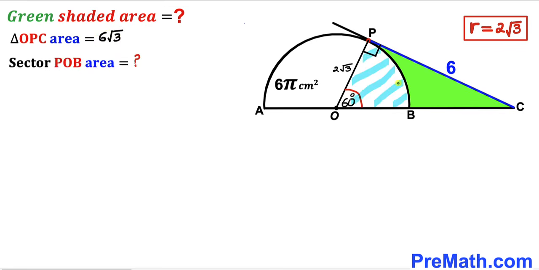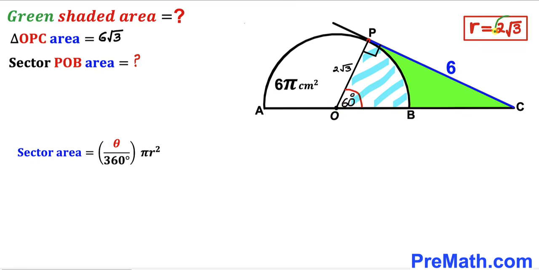And now in this next step, we are going to calculate the area of this sector POB. And now let's recall the sector area formula. Area is always equal to angle theta divided by 360 degrees times pi r square, where r is the radius. And in our case, our angle theta is 60 degrees.